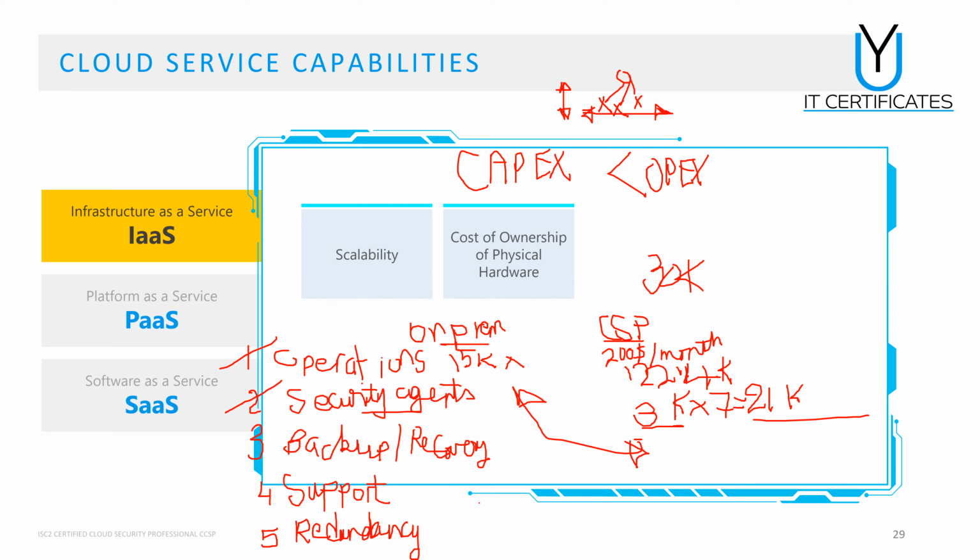If you are buying 10 or 20 or 30 or even 100 licenses for your servers, the cloud service provider may buy 1,000 or 10,000 licenses, which would be cheaper than the license you would buy for your organization. Backup and recovery, we will provide the backup and recovery for you.